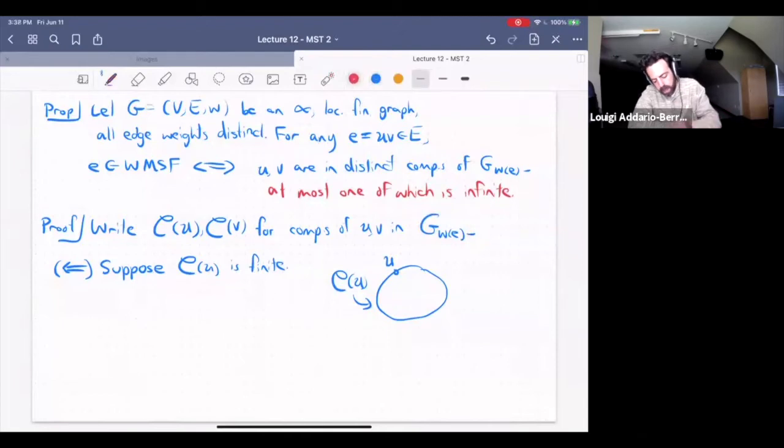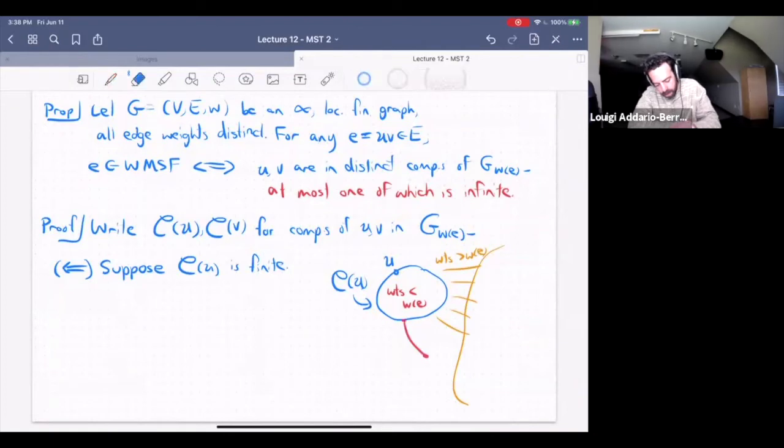That means all the edges in here have weights less than WE, and all the edges leaving this for the rest of the world have weights greater than WE, except for the edge WE itself, which has weight exactly WE and connects, maybe I should draw my vertex U down the bottom, connects U to the vertex V somewhere over here.